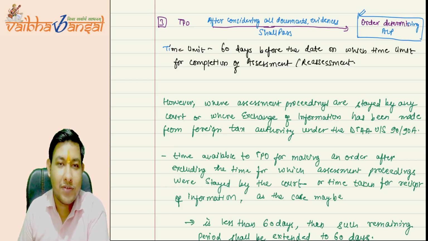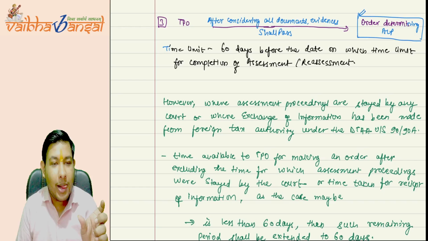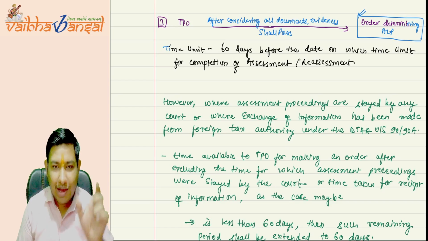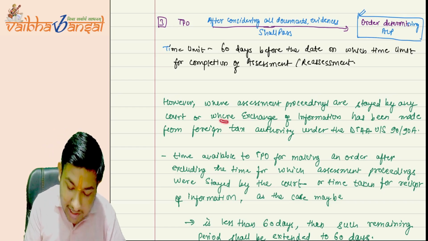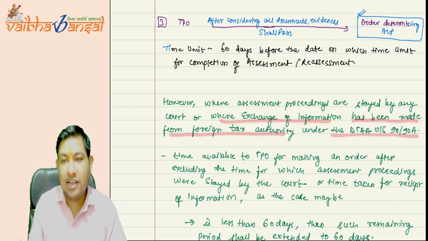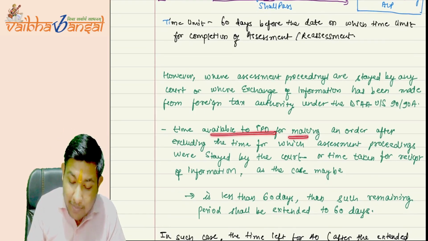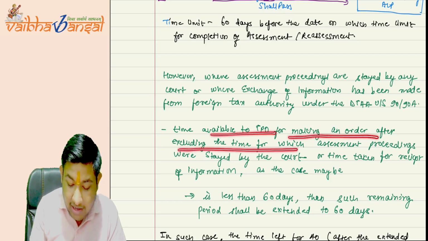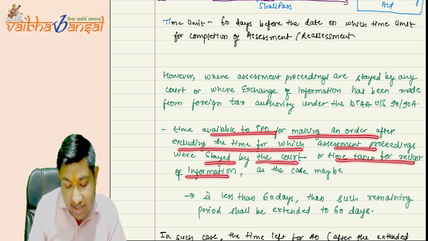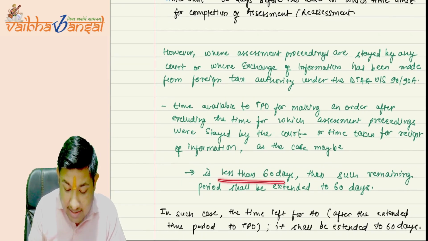The first point we said is that the objectives of double taxation relief include exchange of information for prevention of tax avoidance or tax evasion. So where the exchange of information has been made from the foreign tax authority under the DTAA under section 90A, then the time available to the TPO for making an order, after excluding the time for which the assessment proceeding was stayed by the court, or the time taken for the receipt of the information, as the case may be, is less than 60 days.